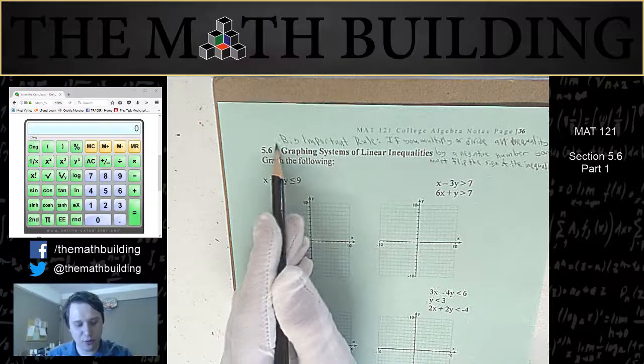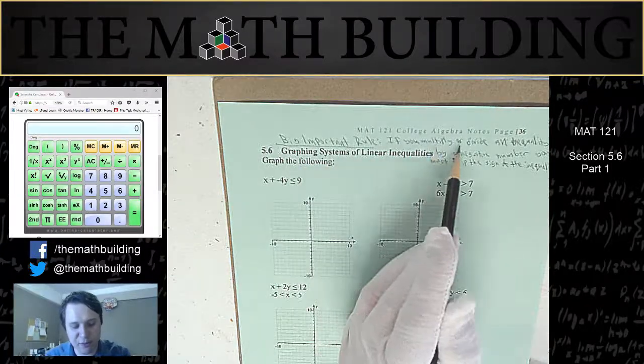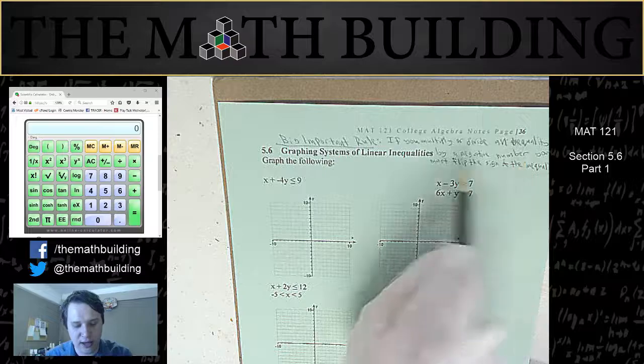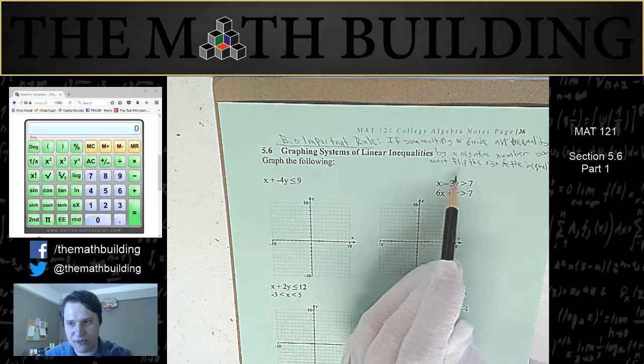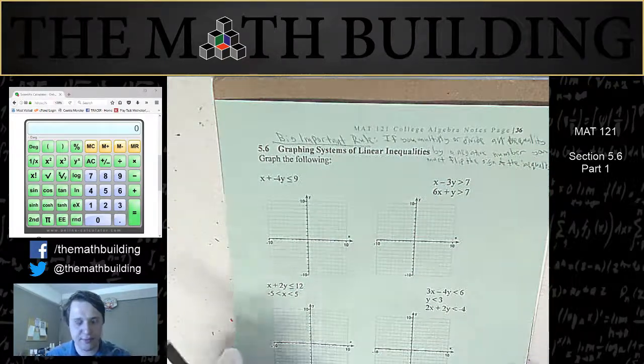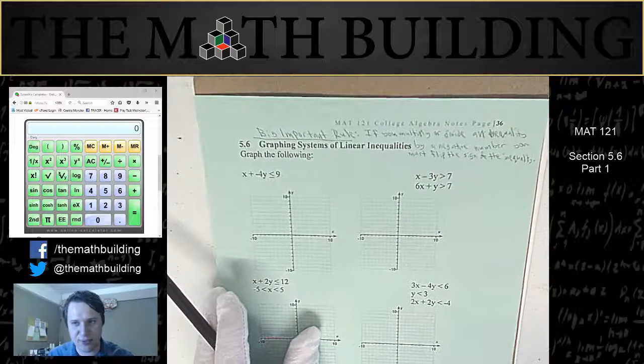So, big important rule that you should memorize: if you multiply or divide an inequality by a negative number, you must flip the sign of the inequality. All right, so we'll keep that in mind as we do this.